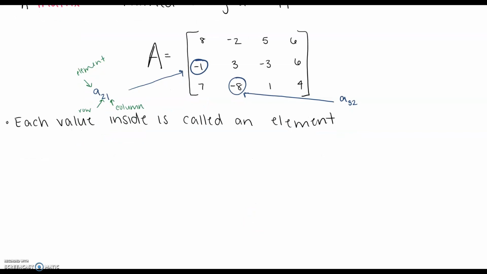Similar to how we go row first, then column, that's also how we can describe the matrix. A matrix can be described using its dimensions.